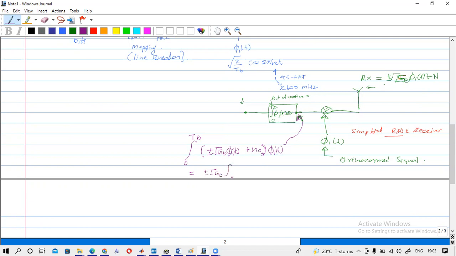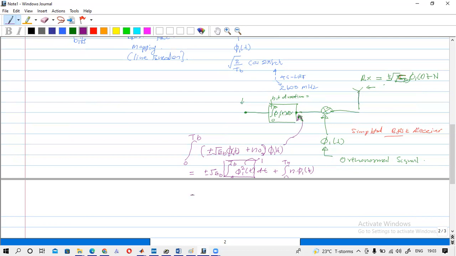From 0 to TB, I have to evaluate phi 1(t) times phi 1(t), that means phi 1 squared (t) dt, plus the noise integral from 0 to TB of noise times phi 1(t). What is the value of this? It will be 1, because this is orthonormal. The energy of the signal will be equal to 1.